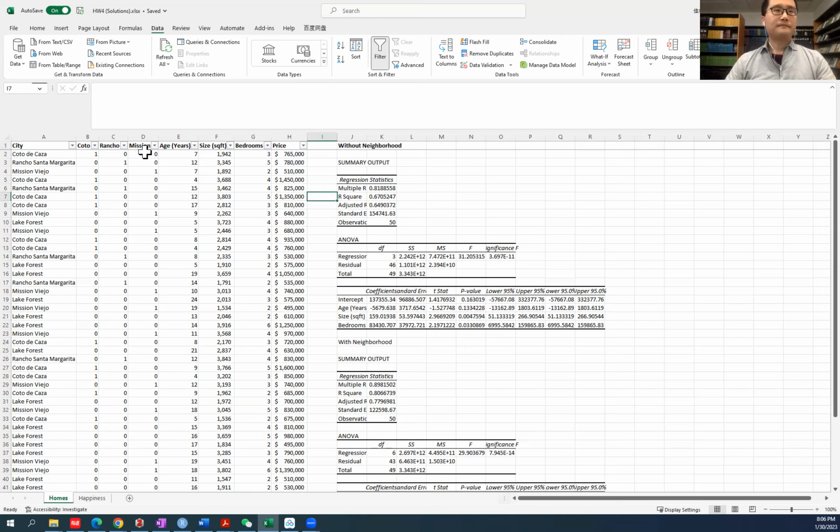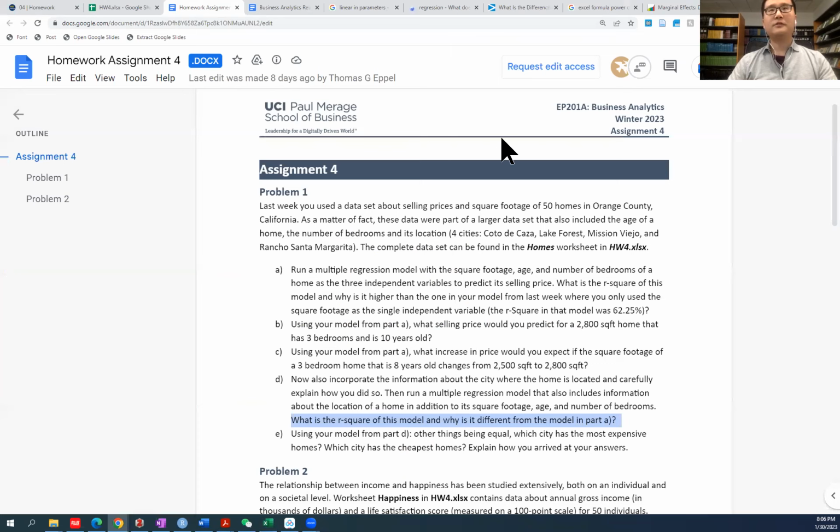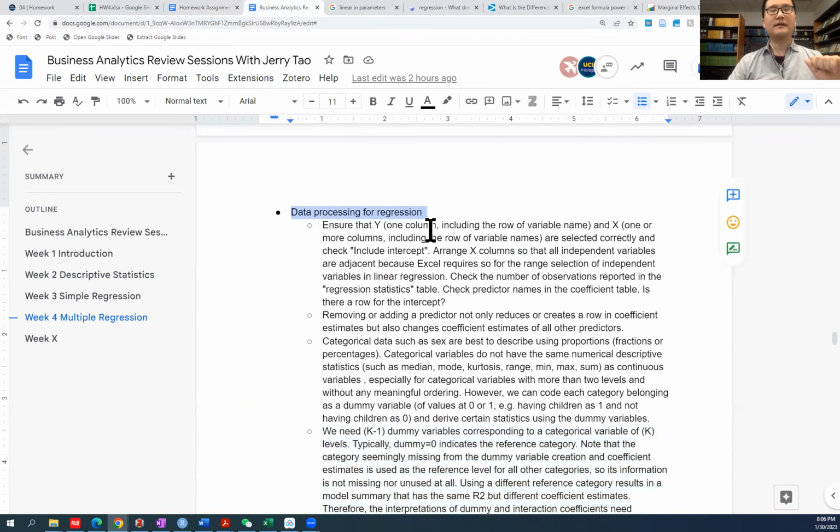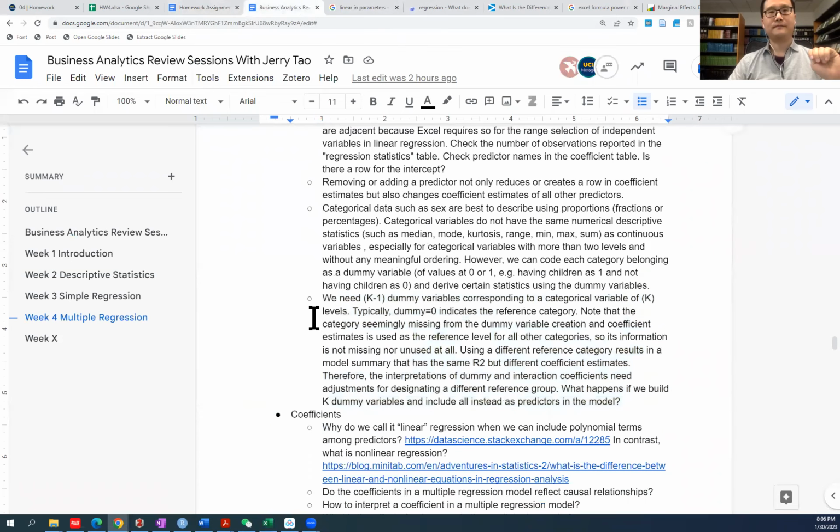All right. To build the indicators, review my notes on dummy variable coding. It's part of data processing for regression. We need k-1 dummy variables corresponding to a categorical variable of k levels.